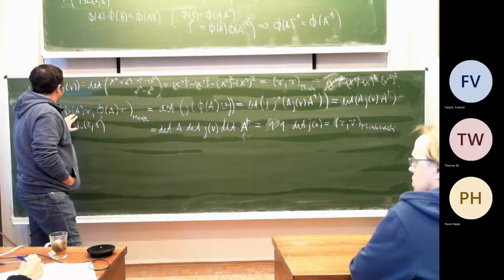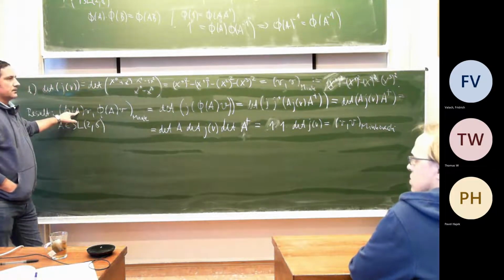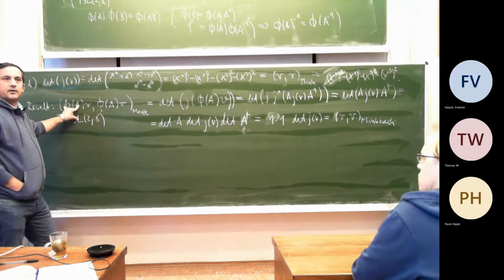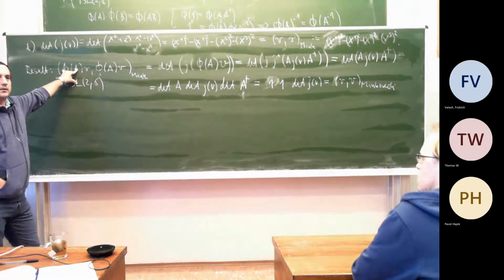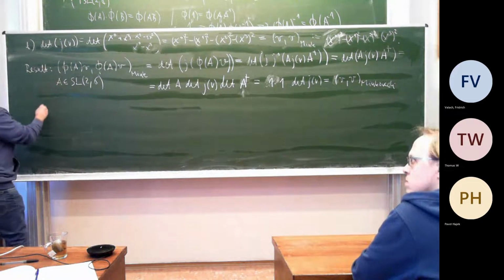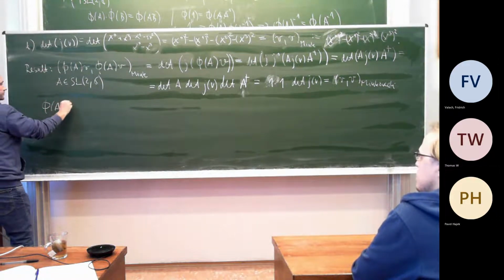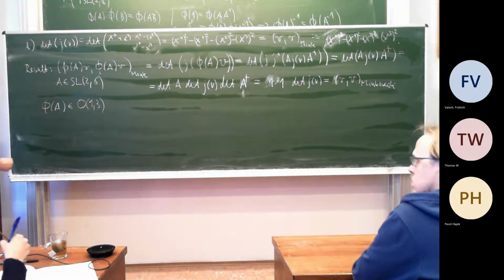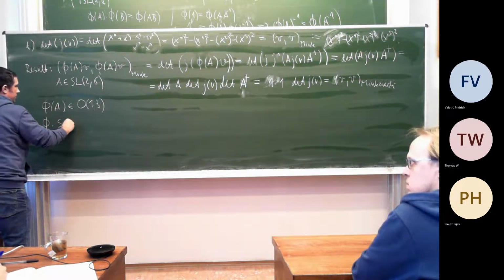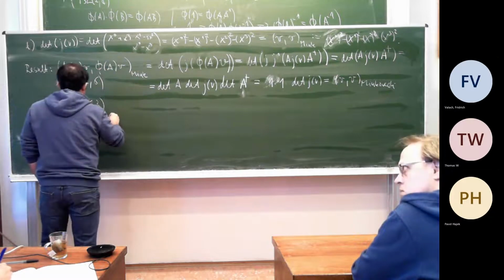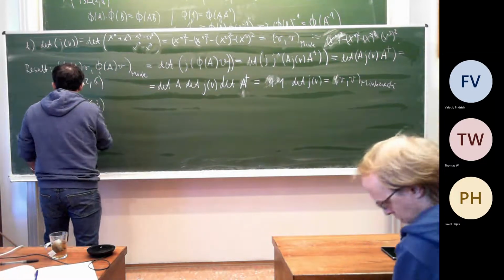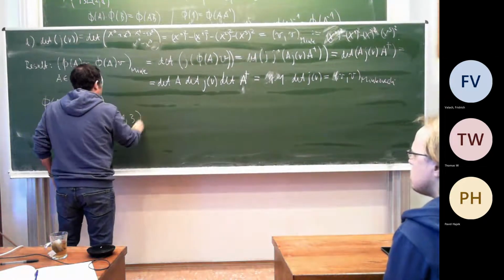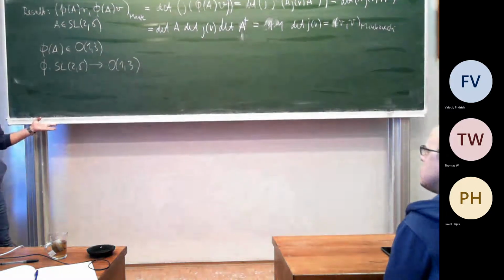phi A is a morphism of the Minkowski bilinear form of the Minkowski spacetime. So phi A is, by definition of these symbols, in this group, and phi is a map. It's a matter of definition to see that phi is a map from SL2C onto O13.